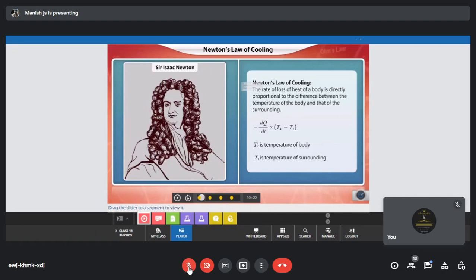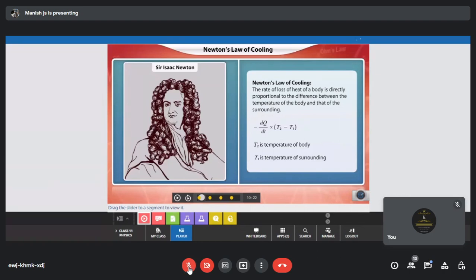So the rate of loss has a negative sign convention that they are using. Heat is being lost by a body. Why does that body lose heat? Because it is at a higher temperature. According to the Zeroth Law of Thermodynamics, when we bring a hot object and place it in the room, the surrounding temperature, that is the room temperature, will be lower, and the temperature of the object will be higher. So according to the law of thermodynamics, heat transfer will take place from the hot object to the cold object. Here the cold object is the surroundings.